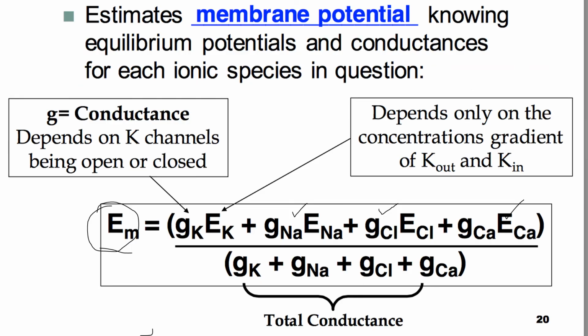So this is the chord conductance. We know that membrane potential, as I told in the previous slide, is equal to the conductance of potassium into the equilibrium potential of potassium, plus conductance of sodium and equilibrium potential of sodium, conductance of chloride and equilibrium potential of chloride, calcium of that, divided by the total conductance, and we will get our coveted value of the resting potential.